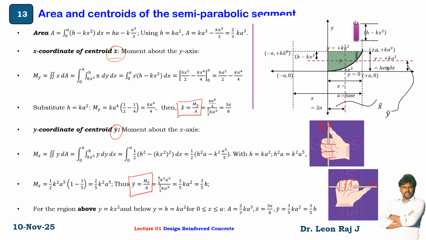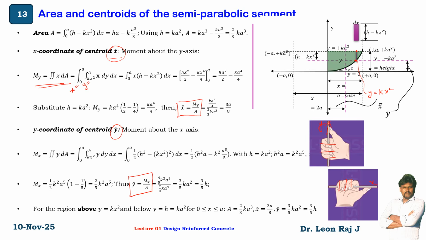So here the My formula is nothing but the double integral of x into dA. So here the integral, y equal to k x square to h. So this is the point h, and this is the point y equal to k into x square. So y equal to k into x square to h, and x equal to 0 to a, integral x dy dx.